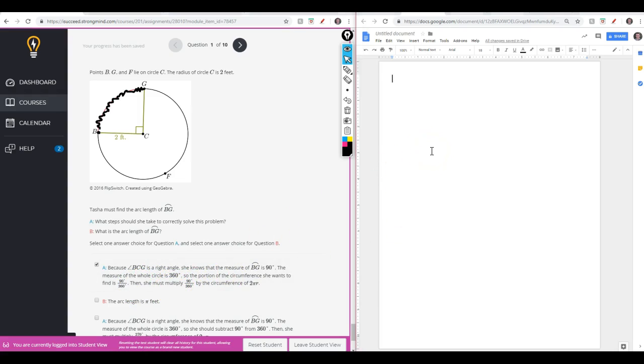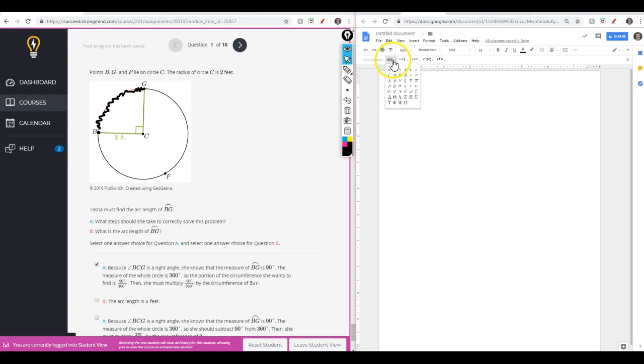So 90 divided by 360, multiply that by 2 pi r. I'm going to actually type in a new equation. So 90 divided by 360, multiply that by 2 pi, and our radius was 2.